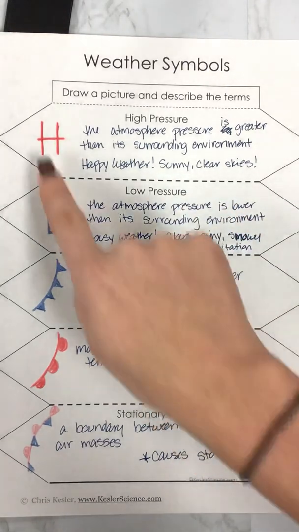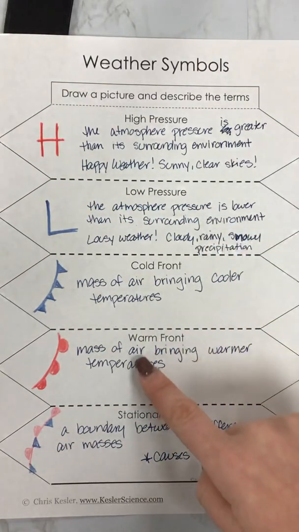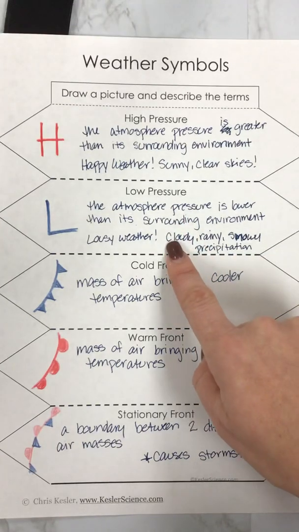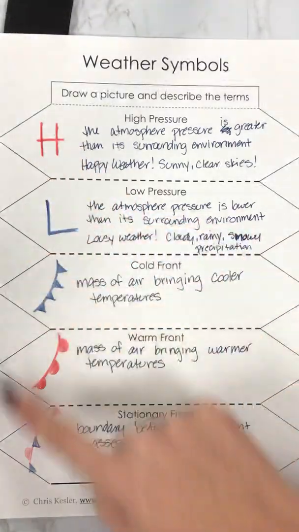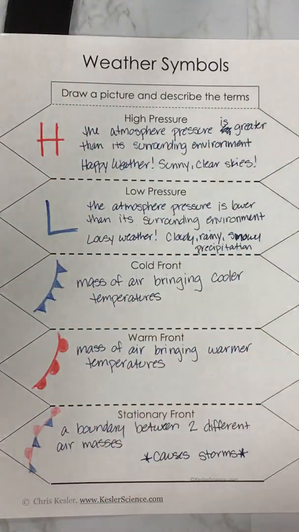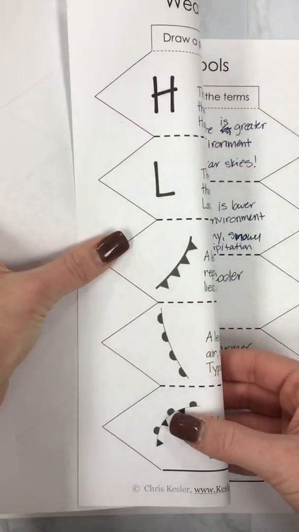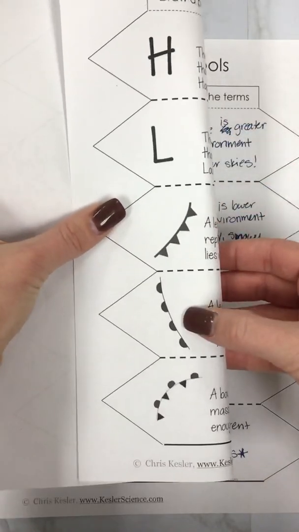So you could have a cold front and a high pressure front. Same thing for here, you could have warm temperatures, it rains during the summer, and a low pressure system that has clouds or precipitation. So don't rely on the color coding, because remember on a test, we test in black and white, so this is what your symbols are going to look like. High, low, cold, warm, stationary.